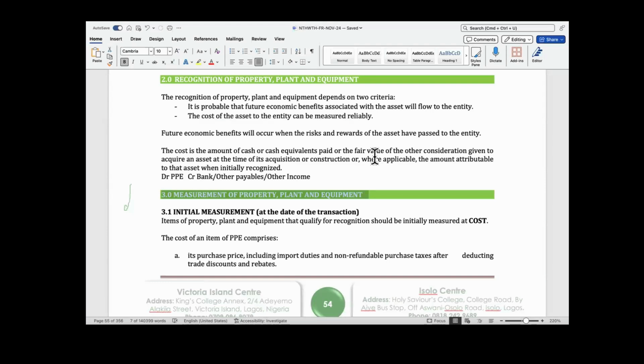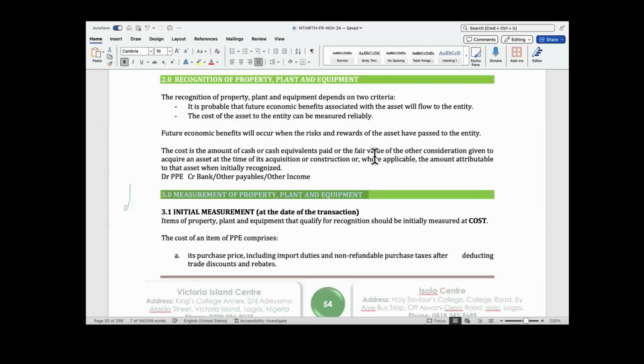Since you are not paying, you are collecting it by exchanging another asset. So you will just get the fair value of the asset you are giving up. Then that would be the fair value of the asset you are collecting. So, fair value of other consideration given. I just want you to see that as if you did not pay. It makes it simpler for you that way.